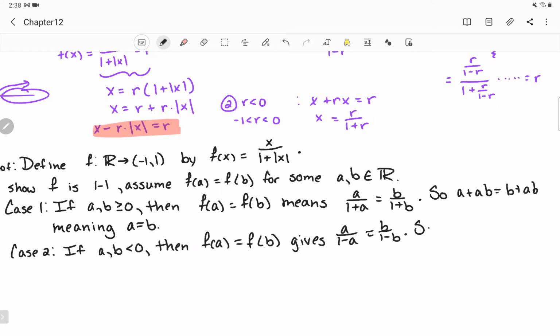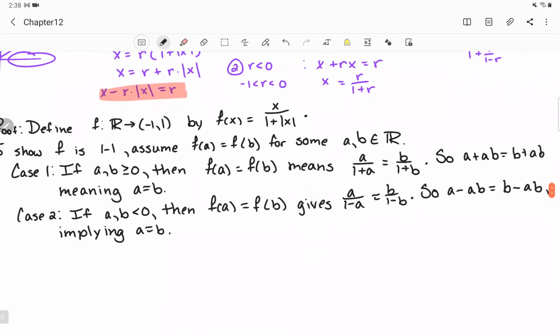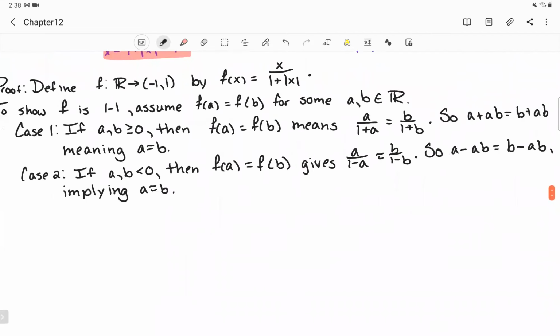All right, so a minus ab equals b minus ab, implying a equals b. Move that up. Case 3, without loss of generality, a less than 0 and b greater than or equal to 0.